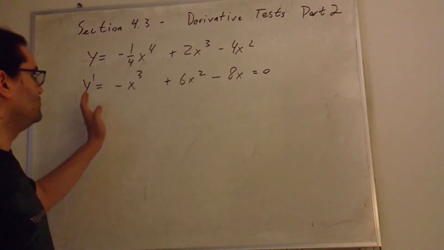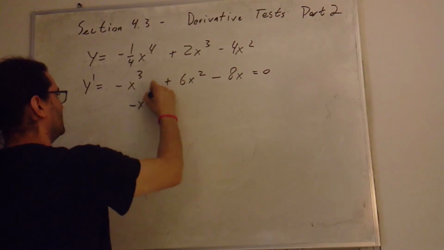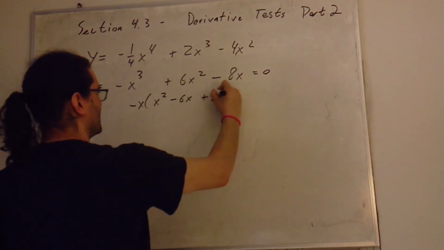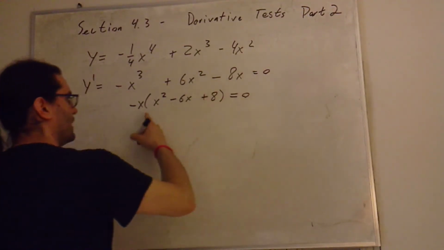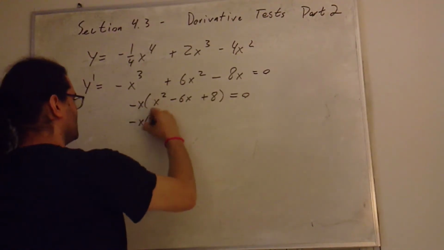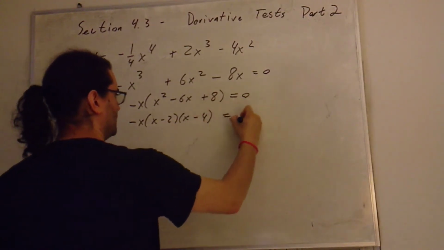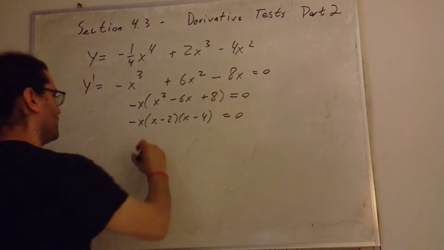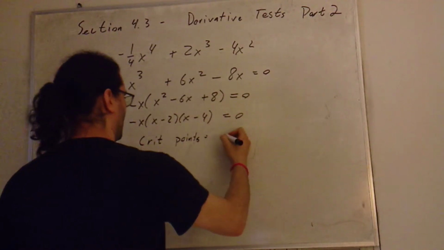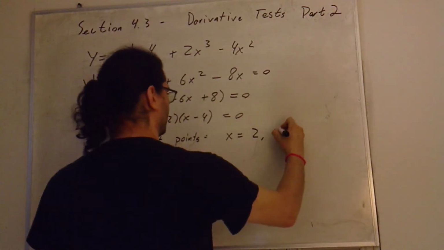I'm going to factor out a negative x, which leaves me with x squared minus 6x plus 8. And that should factor into x minus 2 and x minus 4. So my critical points are x equals 2 and 4.